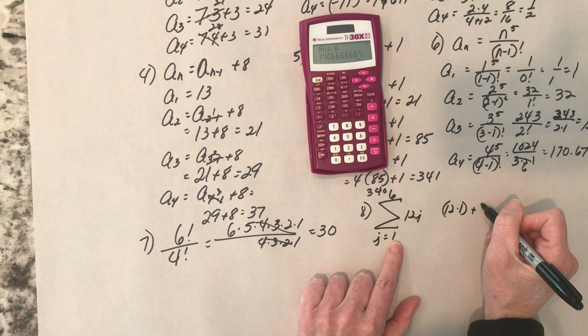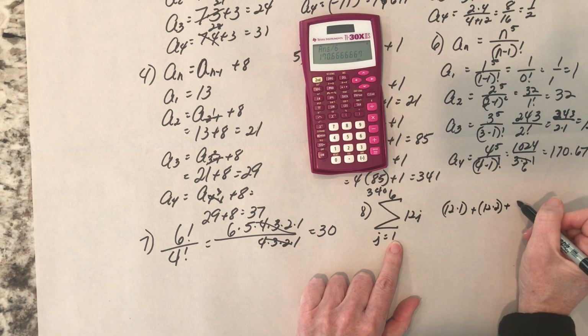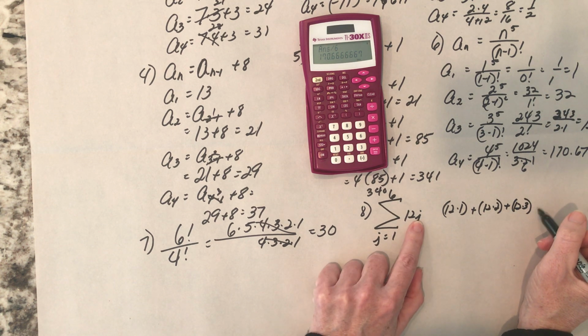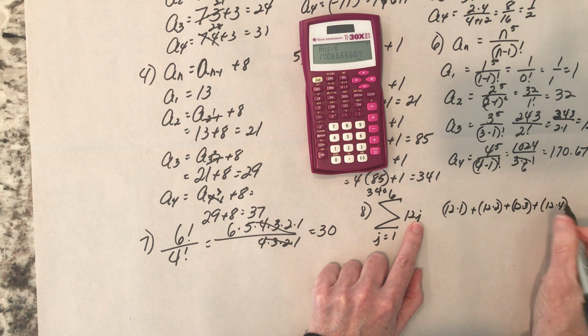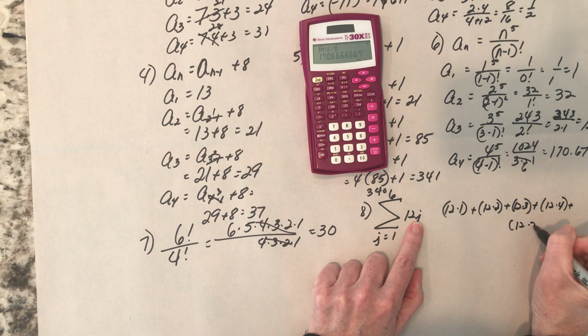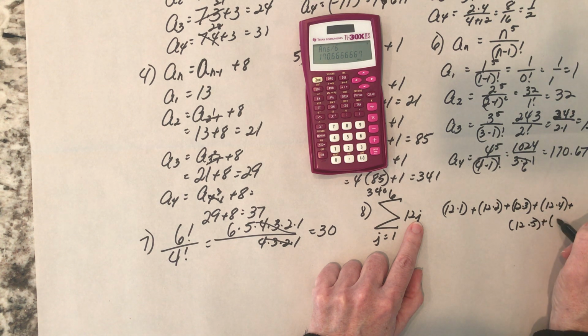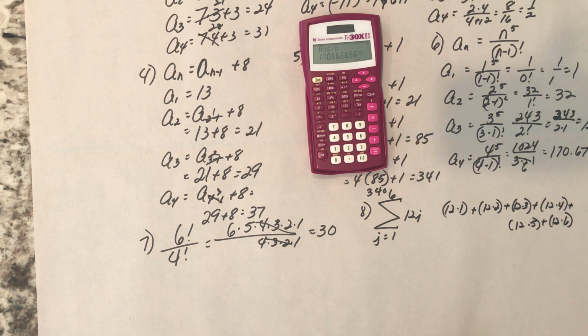When j equals 2, we're going to do 12 times 2. When j equals 3, 12 times 3. When j equals 4, 12 times 4. When j equals 5, 12 times 5. And when j equals 6, which is where we're stopping, we're doing 12 times 6.